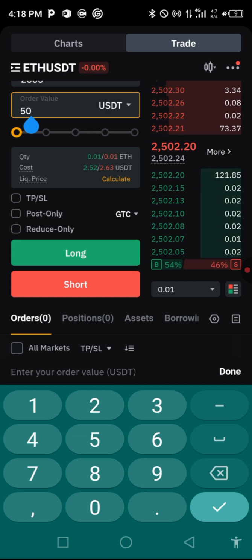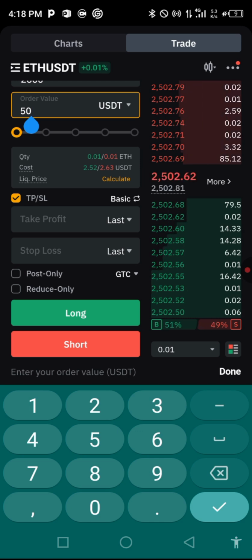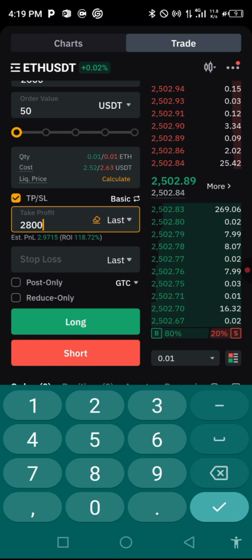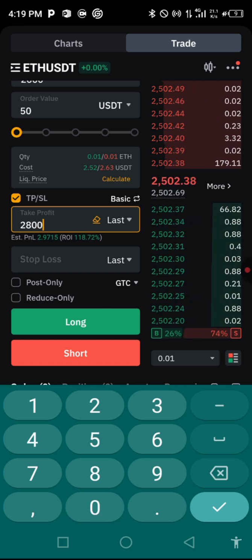Okay, so at the same time, let us enter our stop loss and take profit, which I didn't do in the first one, because the market might go against us along the line. We don't know, right? So if the market goes up, let's say it hits 2,600 and still goes to 2,700 or 2,800, the market should stop.